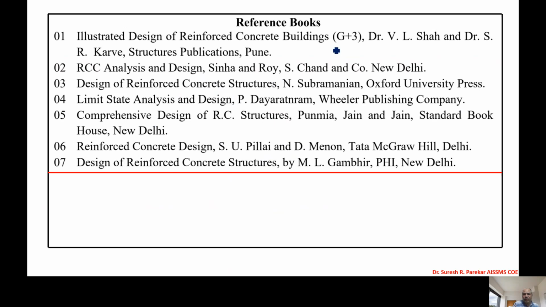This is also a good book: G+3, Dr. V.L. Shah. Then Sinha Roy, also a good book. Then Subramanian, Dayaratnam, Punamia and Jain. Then Pillai Menon is also a good book, then M.L. Gambhir.